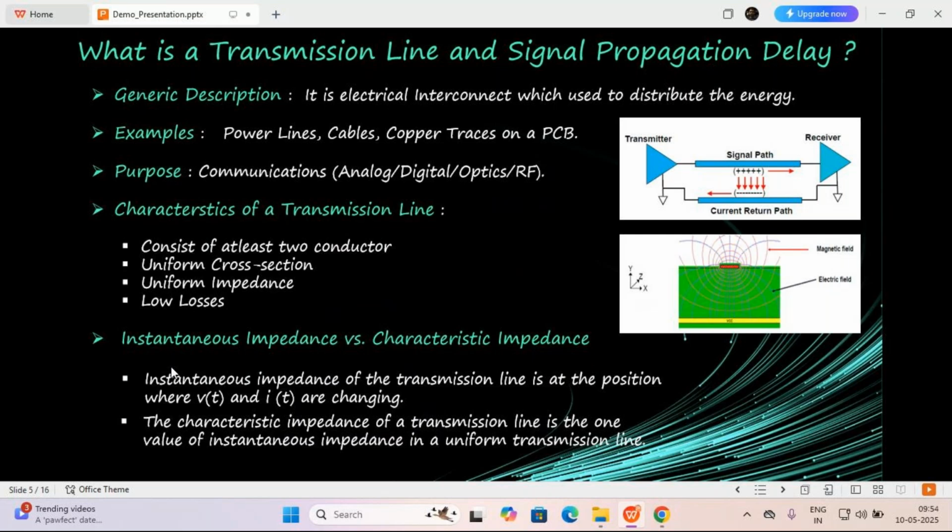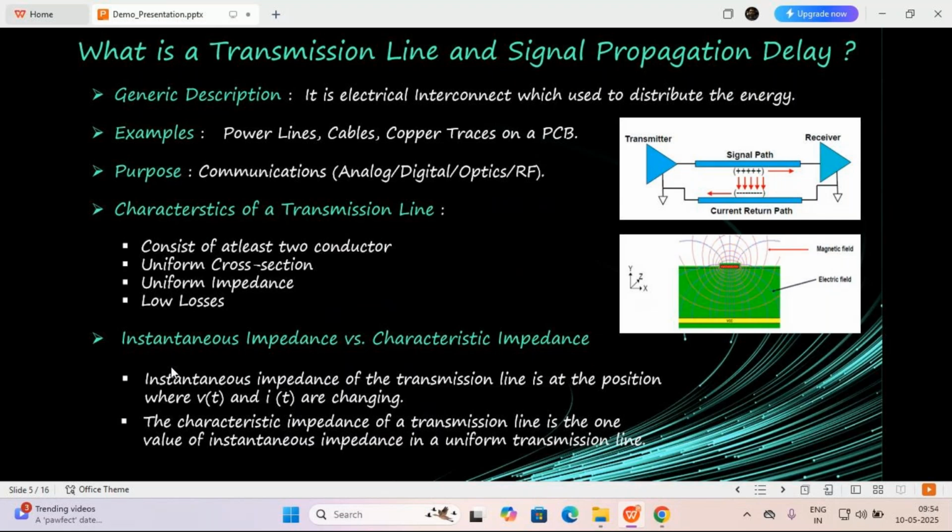All we know is that for a circuit to get completed, for the current to flow, we require a complete path. Until and unless the path is completed, the current will not flow. So for the return current, we call it a return current path, which is another conductor.